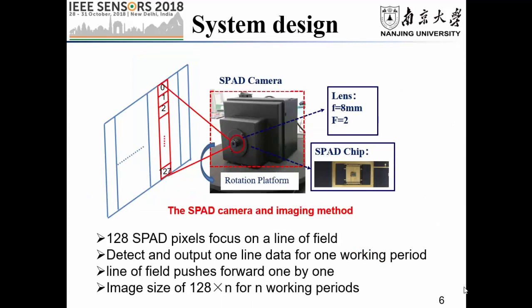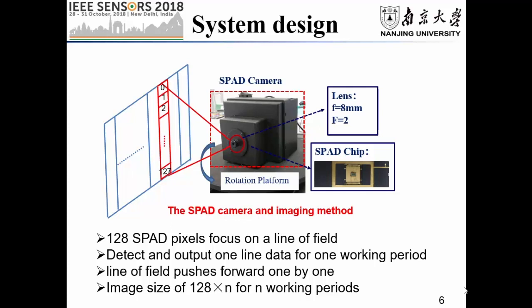This is the SPAD camera. The chip is inside the box, and here is the lens. For one working period, the SPAD pixels focus on a line of the field, and detect and output one data for one working period.